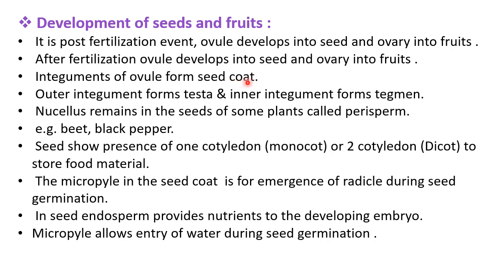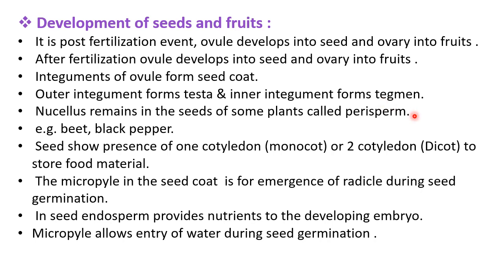The outer integument forms the testa of the seed coat. Testa is thick and hard. Then the inner integument forms a thin and delicate layer called tegmen. Tegmen is generally thin and delicate.